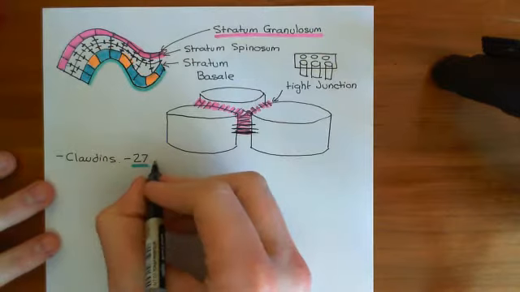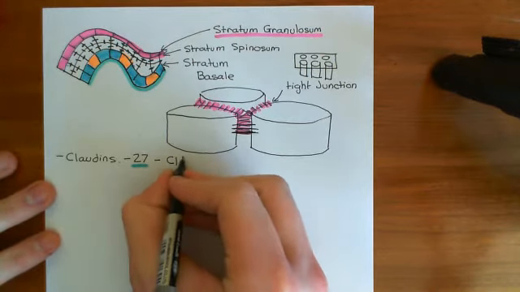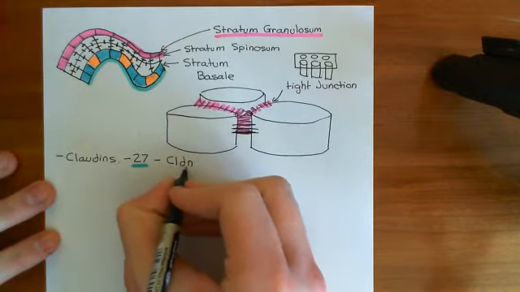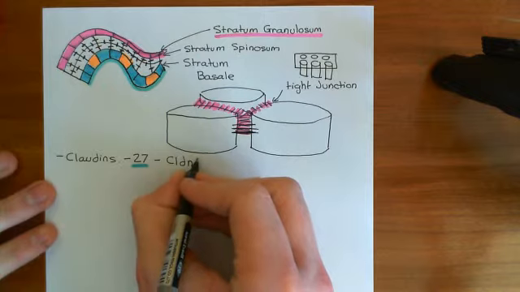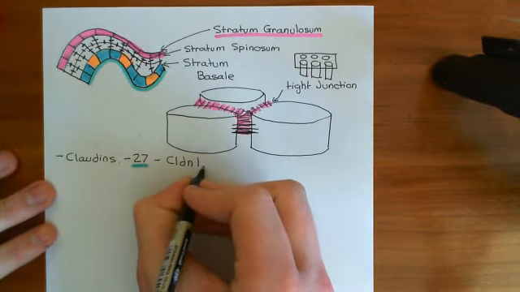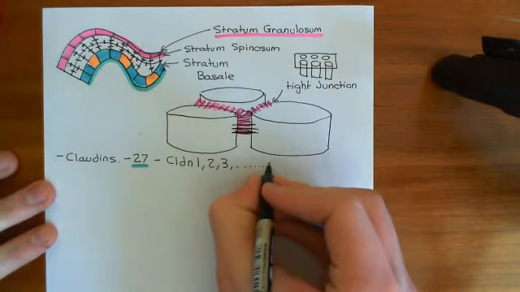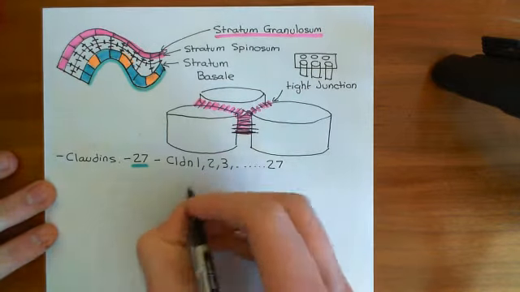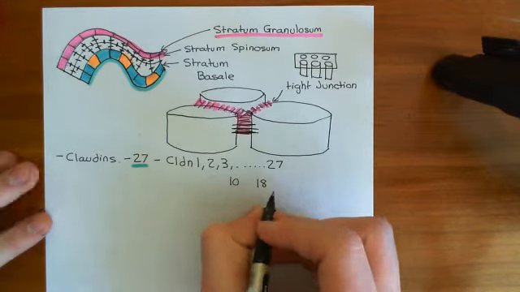Now, the naming of them is very nice. The naming literally is just numbering. Usually you abbreviate claudin down to CLDN, and then it's claudin 1, claudin 2, claudin 3, all the way on to claudin 27. As I say, claudin 10 and claudin 18 have multiple splice variants.